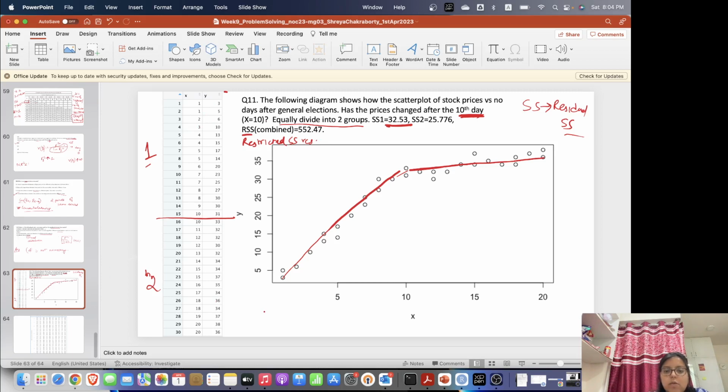So what test are we going to do? We are going to do the Chow test. So it will be 552.57 minus the sum of these two, 32.53 plus 25.776. The entire thing we are going to divide by the number of parameters.